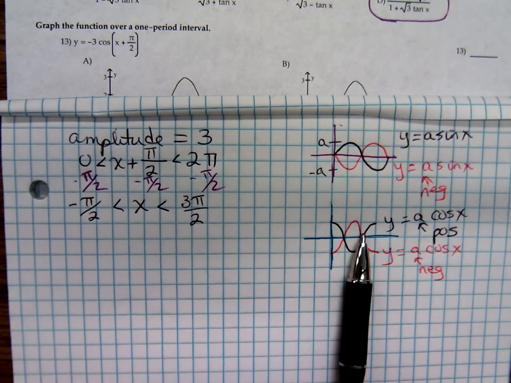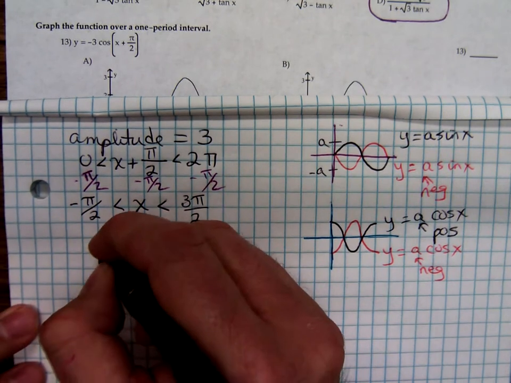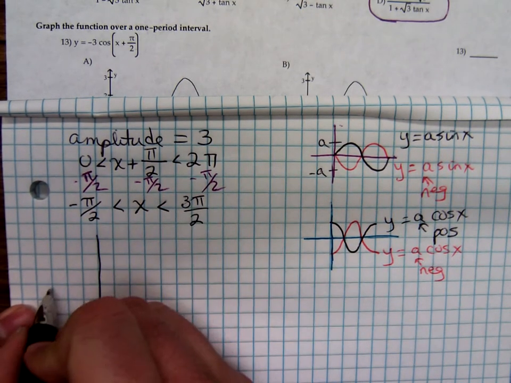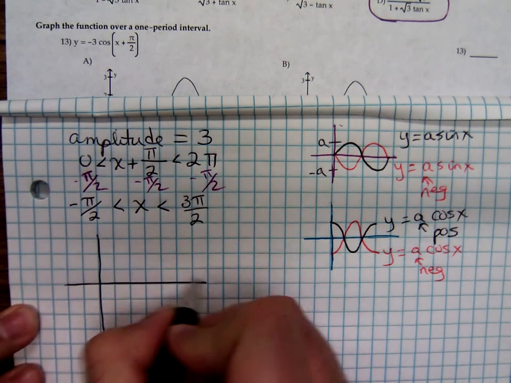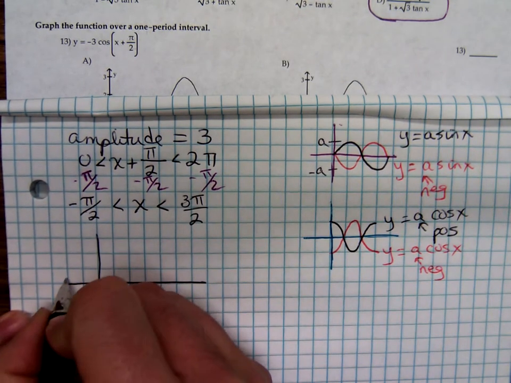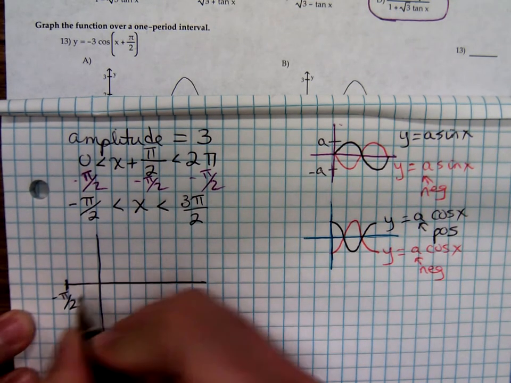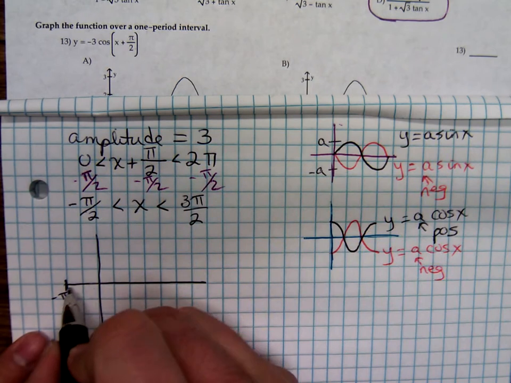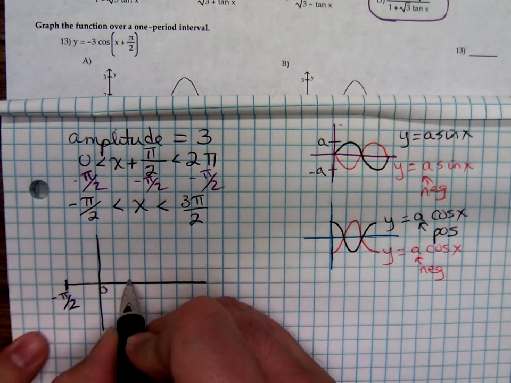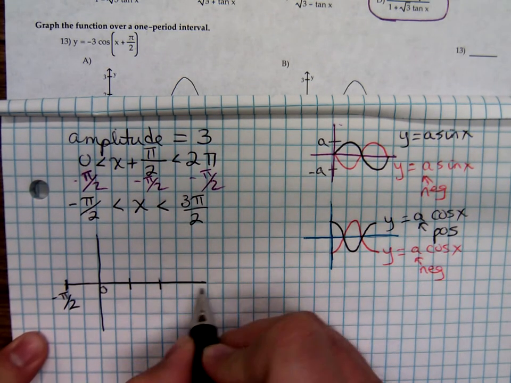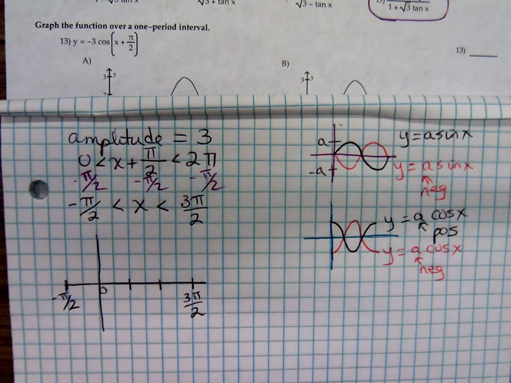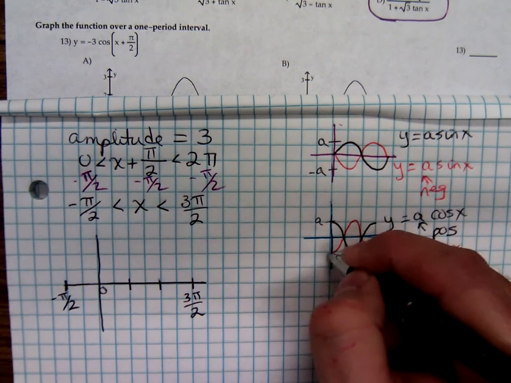You all caught up with me? The red, yeah. So it's going to start at negative pi over 2 on the x-axis. I'm going to use 2 little marks for pi over 2, so 0, pi over 2, pi, 3 pi over 2. And what number am I going to label on the y-axis?